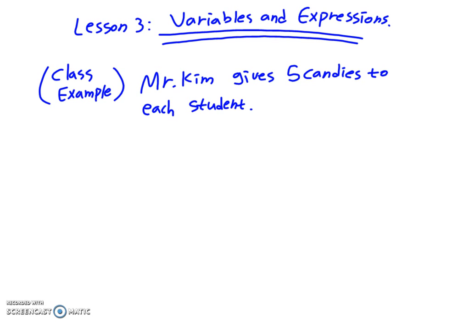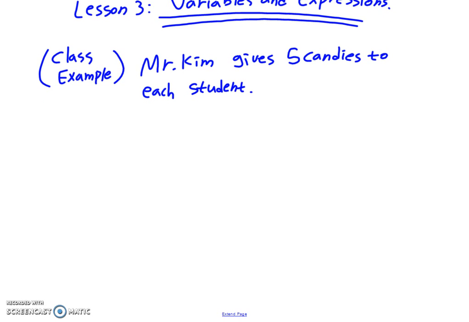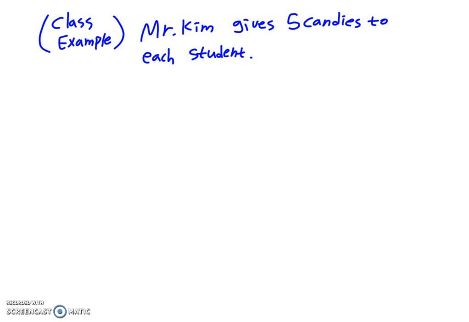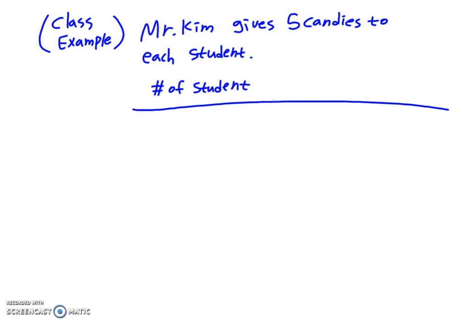Imagine that Mr. Kim, which is me myself, is somehow providing 5 candies to each student in this classroom. That means you may predict the pattern as soon as you see this scenario. Let's put number of students on the left side and on the right side, number of candies.